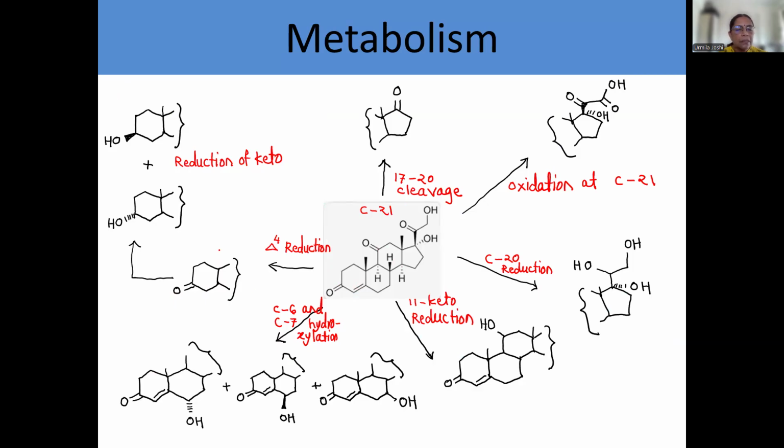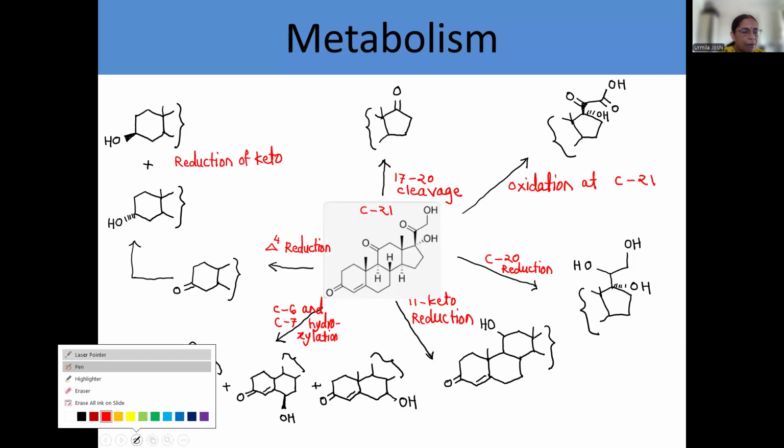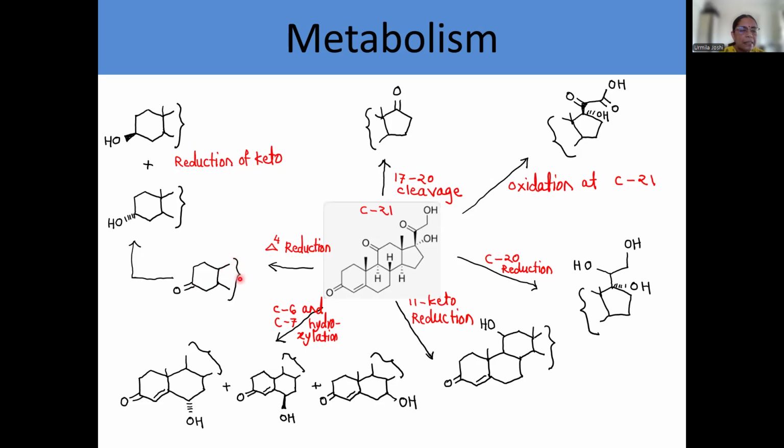Just have a look at this. Note this particular thing, how I have written the structure. This is a very typical structure writing method for steroids, when from here you start and you are indicating a reaction where the rest of the structure is the same. This indicates that the rest of the structure is just like the previous step or starting material.